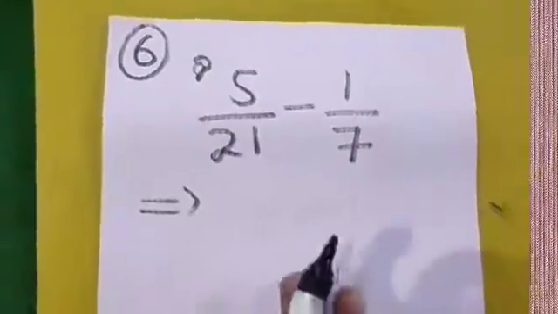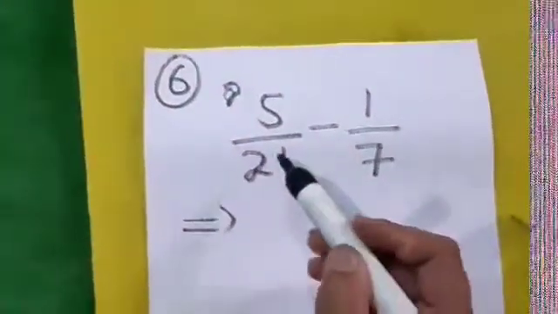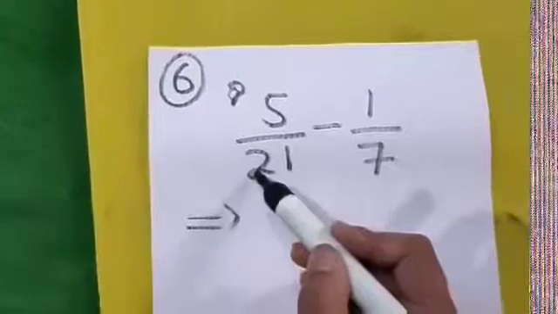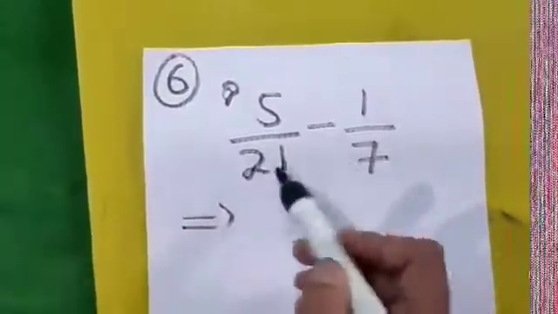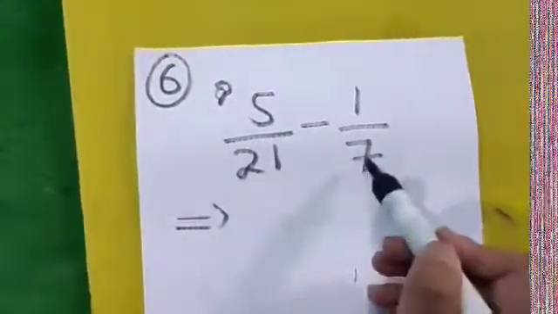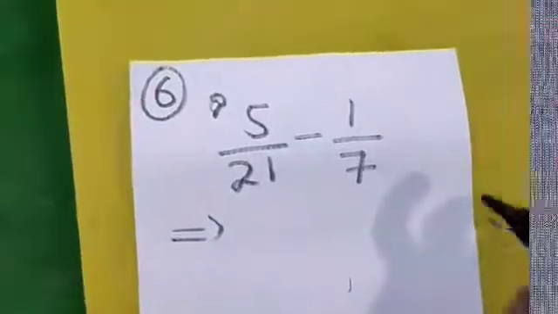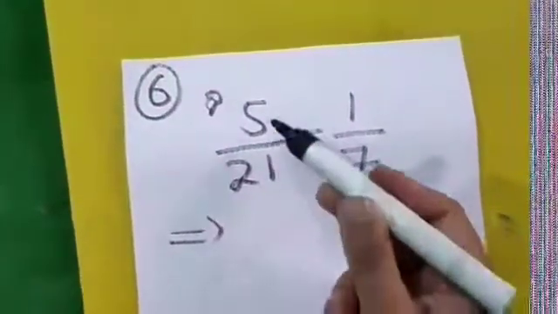Our next part is 5 upon 21 subtract 1 upon 7. In these fractions the denominators are 21 and 7. Here 21 is a multiple of 7, so we will make both these fractions like fractions.